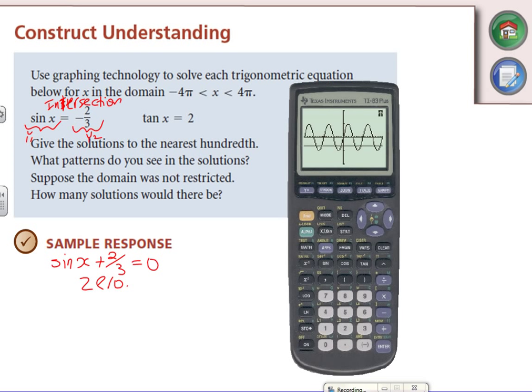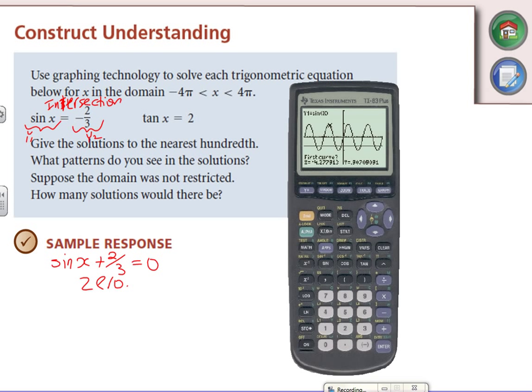We need to find our intersection points, and I need to take it over to the closest, the first intersection. Now, if I'm on the sine of x graph, it's going to take me a while to get there by scrolling.